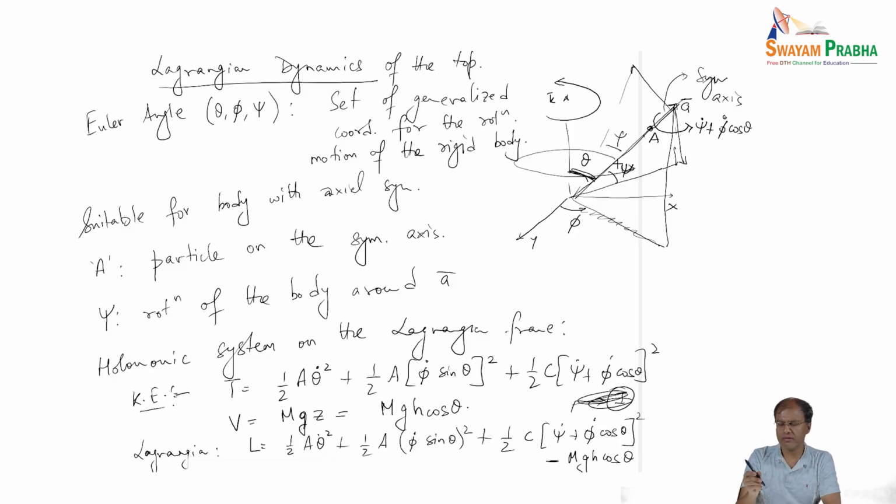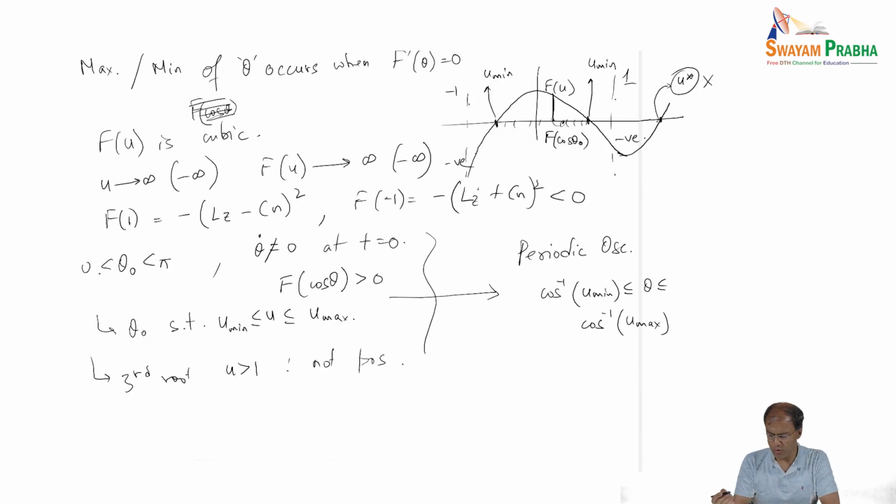One is the rotation of the moving axis. And the third motion is a periodic motion of the moving axis itself. And this periodic motion is the so-called nutation. The range of this nutation is the range which I have listed here.